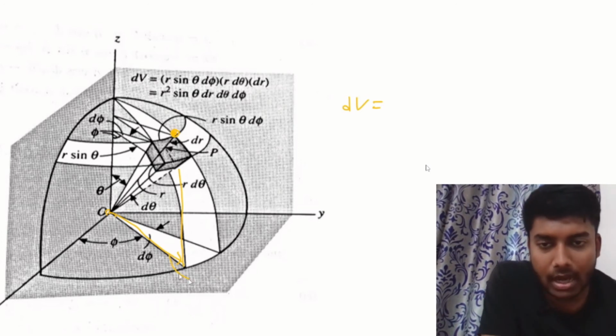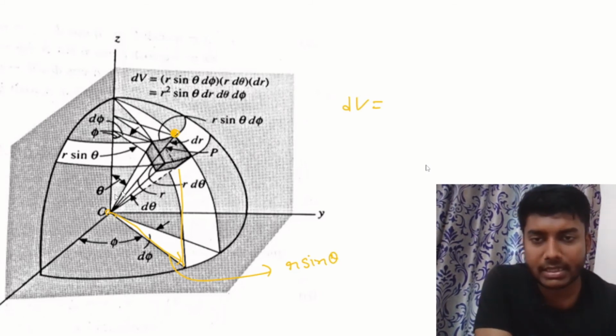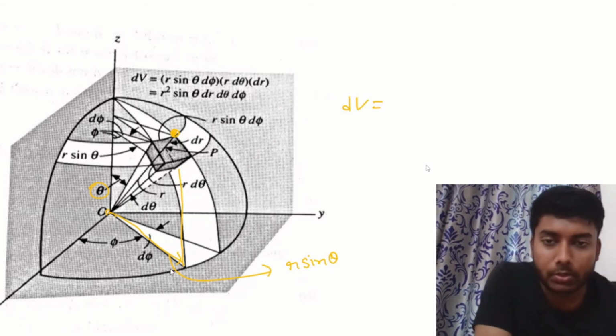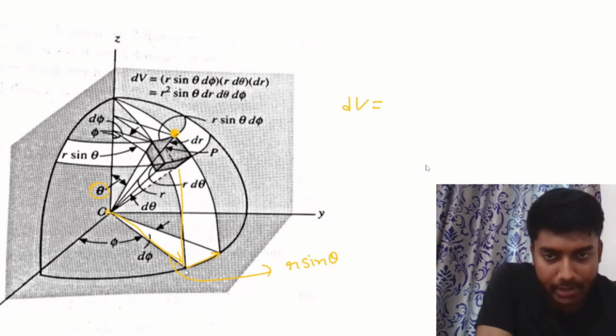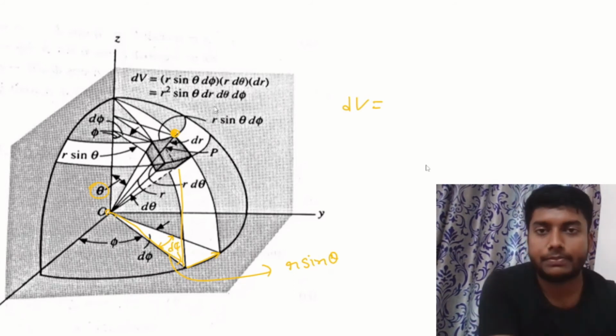So this is r sin theta. Now as this angle is theta, to get a volume, we have to trace this element along this line with this angle d phi, right? So this is the d phi angle.